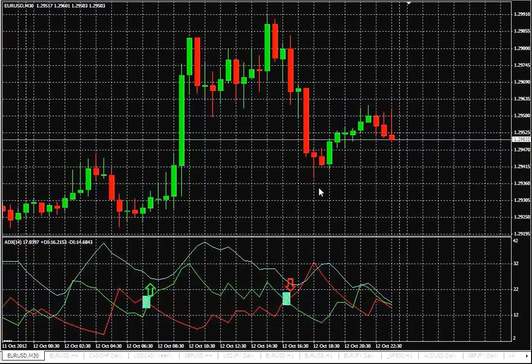traders. This is not the kind of trading for a newbie. Of course, it doesn't mean that you can't test it, but please test it on your demo account. And once you are confident enough and you have practiced your techniques enough, yes, you can go to your live account.